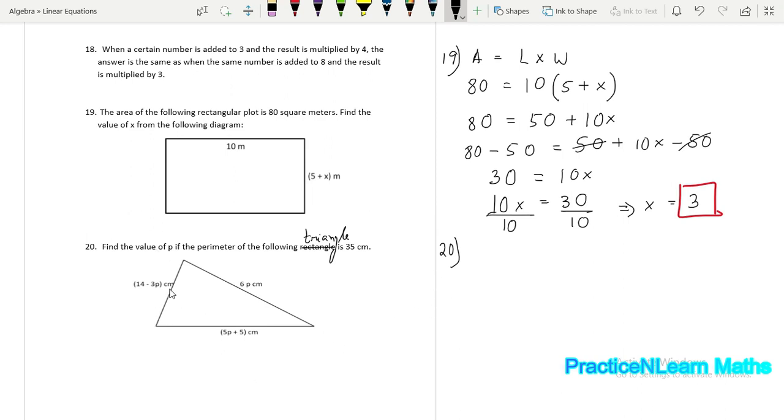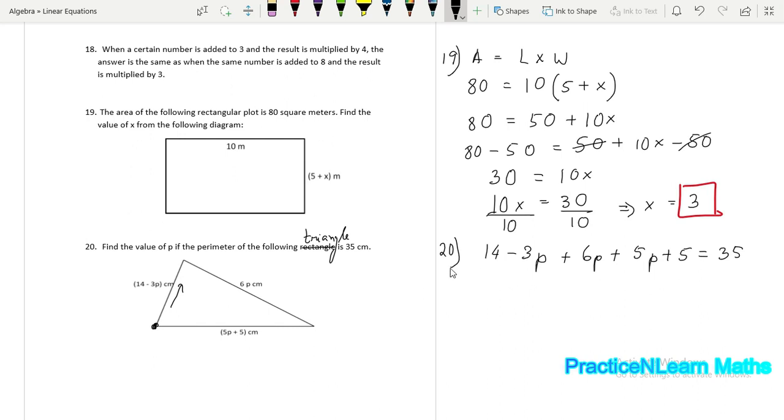We start from one point and start walking and we go to this side. So we add up 14 minus 3p plus 6p plus 5p plus 5 is equal to 35 since the perimeter is 35 centimeter.